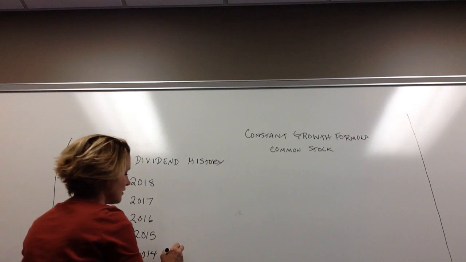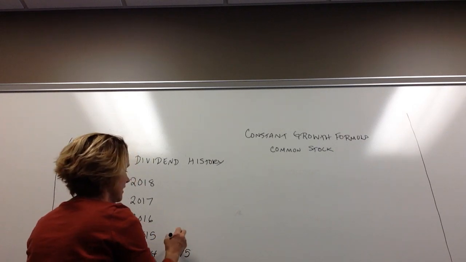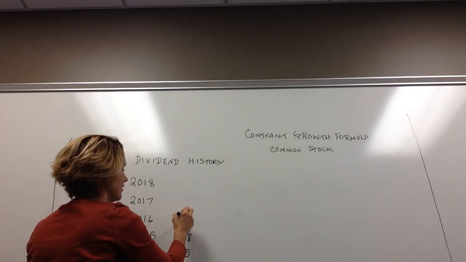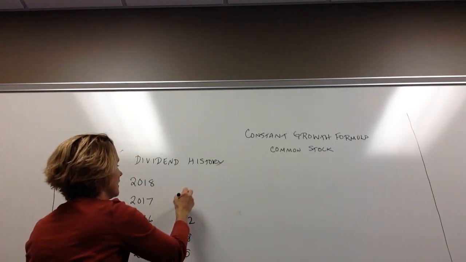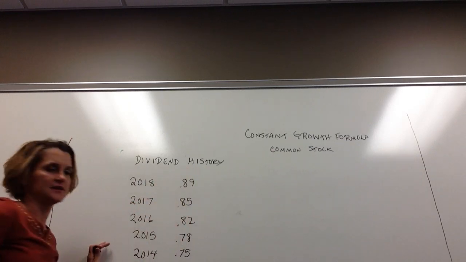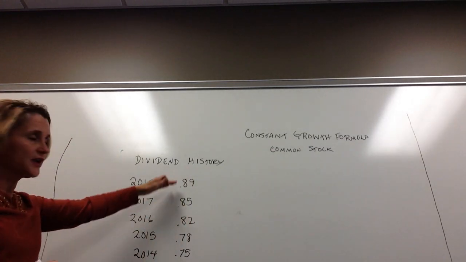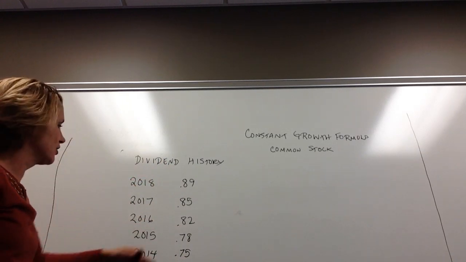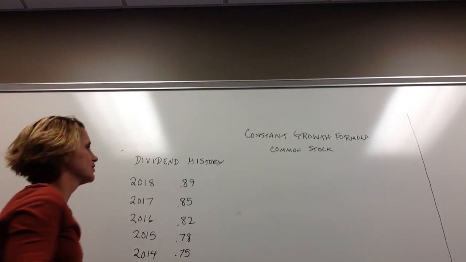So say it starts at 75 cents, then it goes up to 78 cents, then up to 82 cents, then up to 85, and then it ends up at 89 cents. So we can see it's growing, but what we want to know is what percentage is that growth? It seems to be a few cents every year.